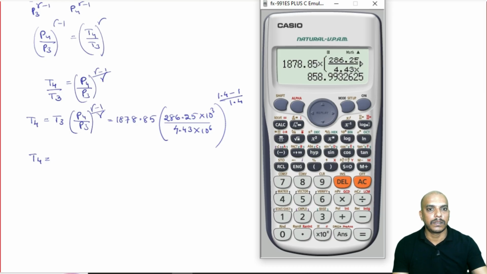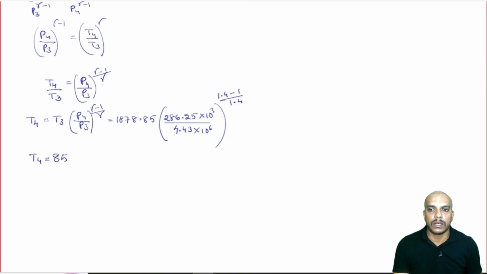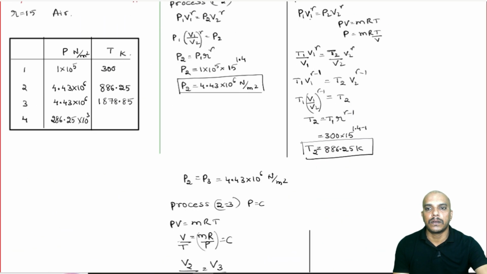So, this must give us the value of T4, 858.99. I will go with 859 Kelvin. So, that will be our T4, 859 Kelvin.